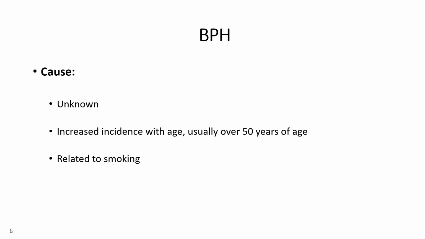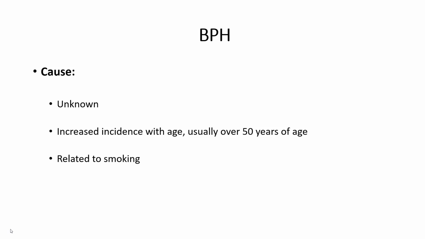Now, the causes are unknown, other than normal aging. But some sources believe that it could be due to decreased testosterone and increased estrogen. Okay? The prostate cells increase in size and in number because of this increase in estrogen levels.